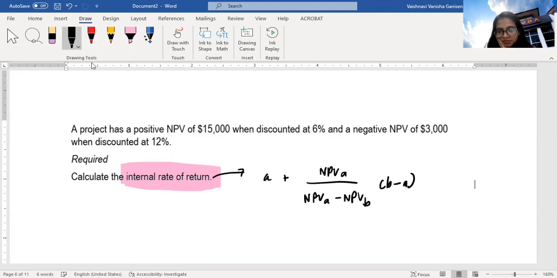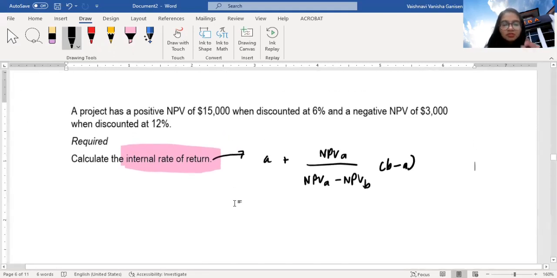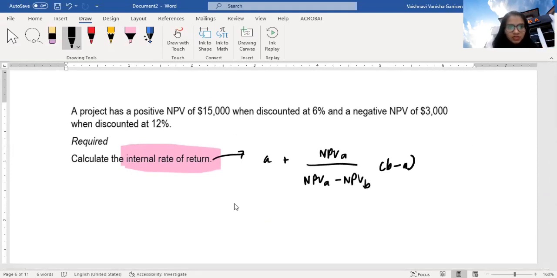Okay, and you need to identify which is the higher percentage and which is the lower percentage. So look at this question.